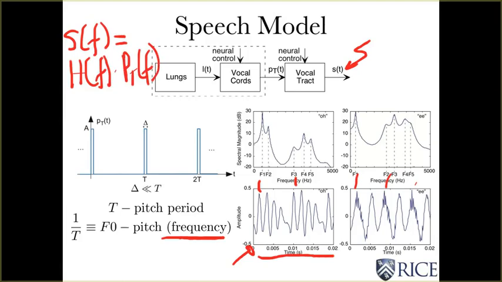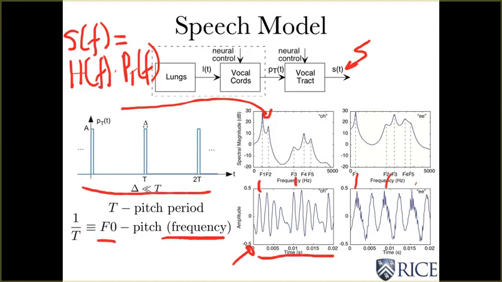So you should expect the transfer function H of f, which is one of these, to be multiplied times the Fourier series for this, which consists of a set of harmonics. The harmonics are all harmonics of F0.